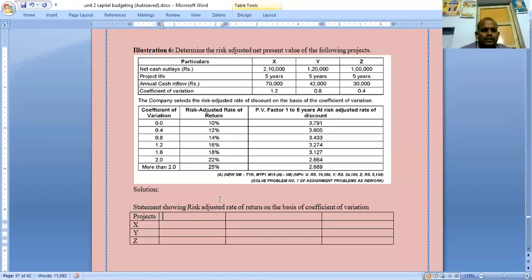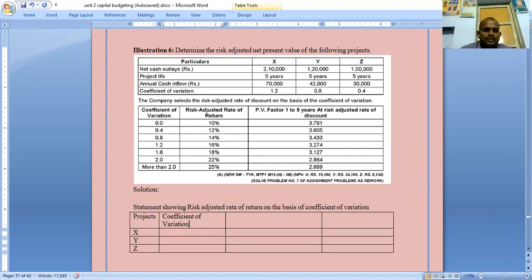So projects X, Y and Z, coefficient of variation.